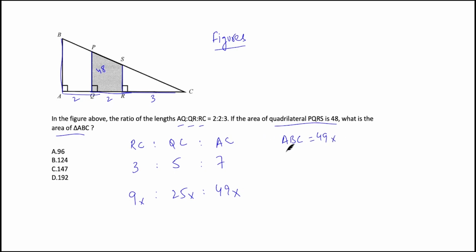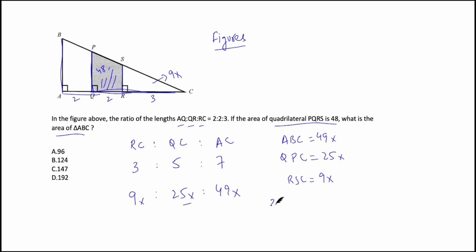What is the area of triangle QPC? You will say it's 25x. Similarly, what is the area of the smallest triangle RSC? It is 9x. So if I subtract 9x from 25x, which is the area of this triangle, I will get the area of this quadrilateral.